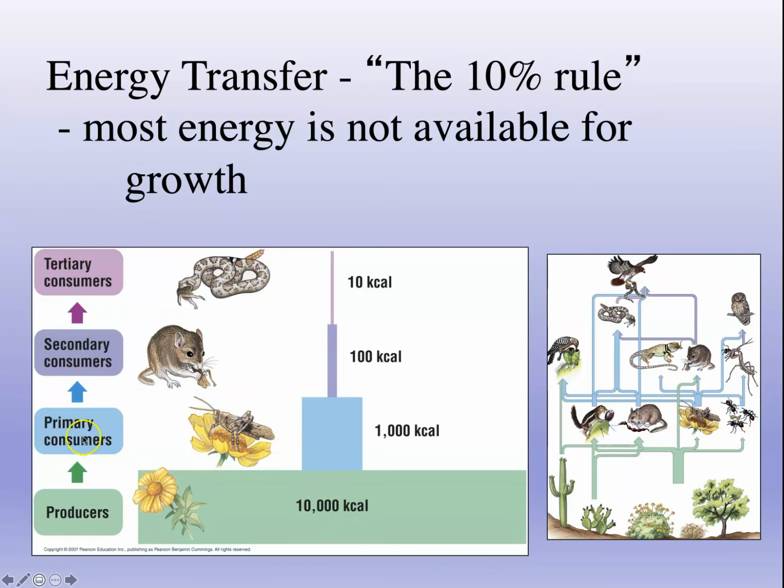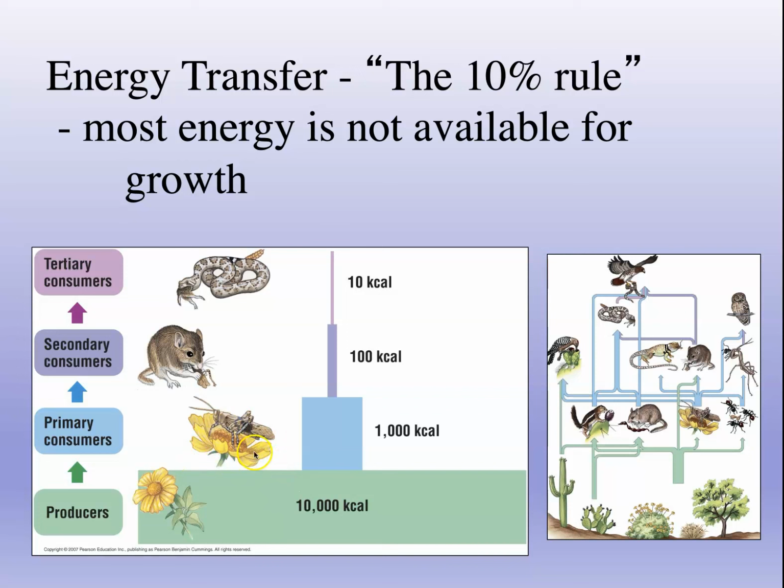So your primary consumers are only about 10% of the mass of the producers on which they depend. So the primary consumers eat the producers, but they can only incorporate that energy and that matter into that next trophic level, meaning their bodies, with about a 10% rate of efficiency.